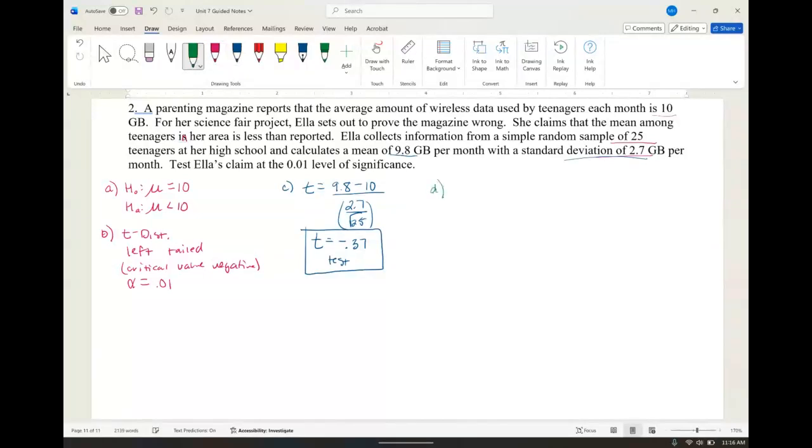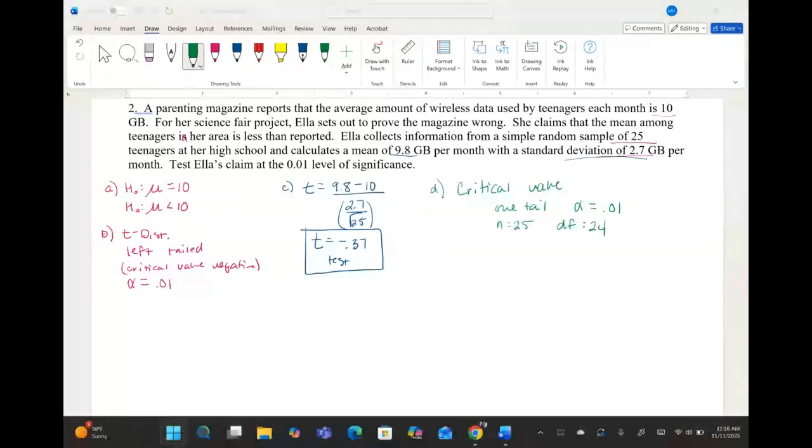All right, we need to draw our rejection region, so we need to find that critical value. We've got a one-tailed test. Our level of significance is 0.01. N is 25, so our degrees of freedom is 24.